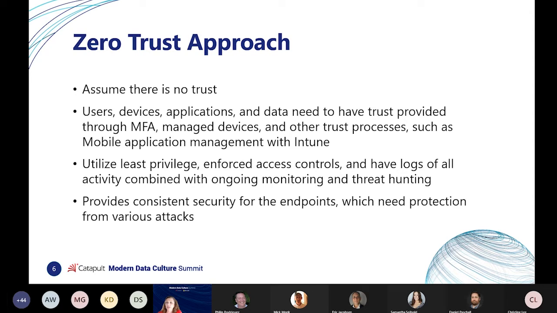So we're going to want to have application logs, logs at other areas within our environment, so we can be using those logs to provide that ongoing monitoring and that threat hunting, and staying abreast of making sure that the activity that we're seeing is expected.